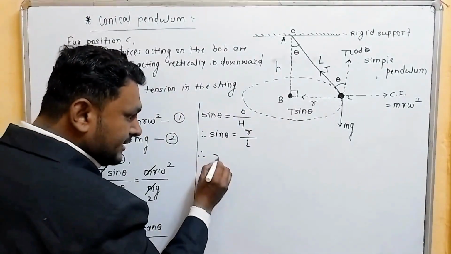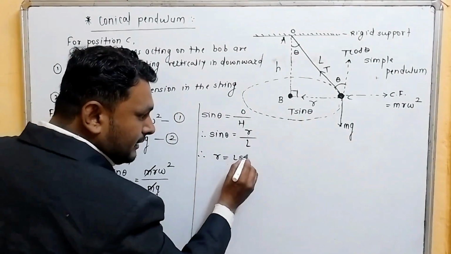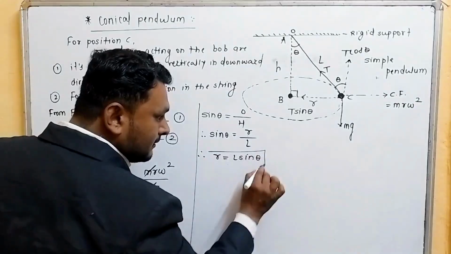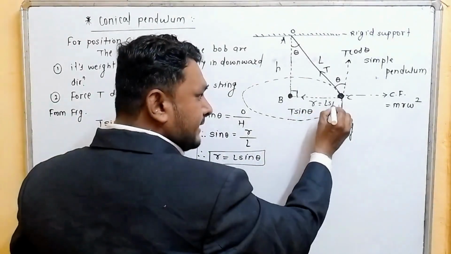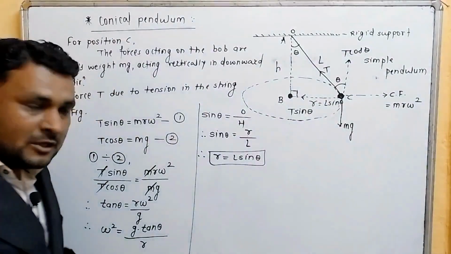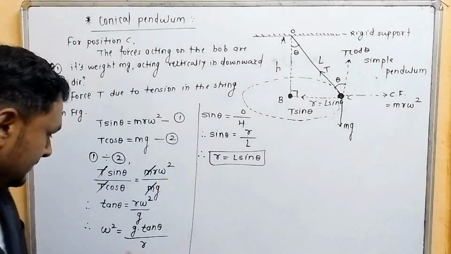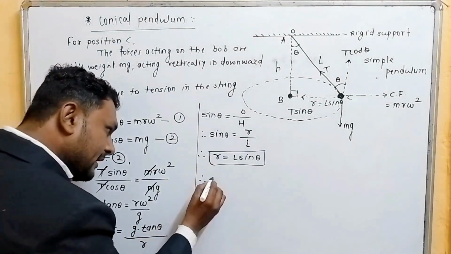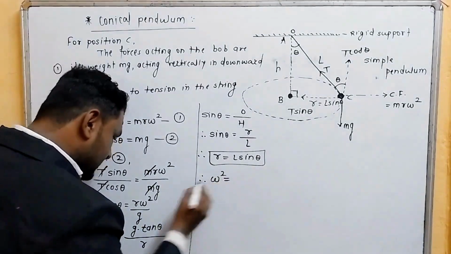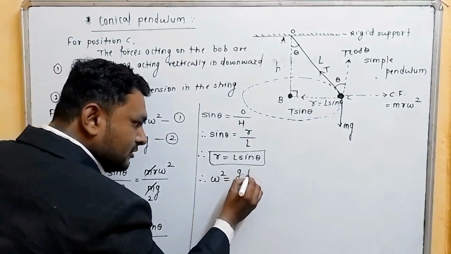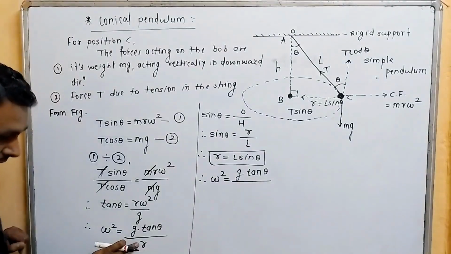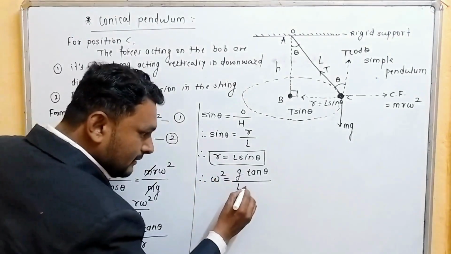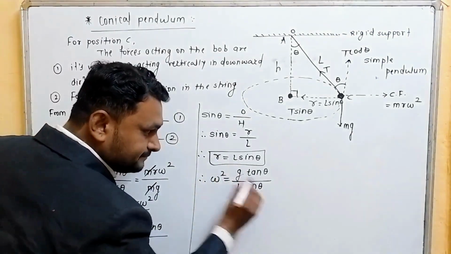And therefore, we can write r is equal to L sin theta. So just put this value of r in the given equation. So omega square is equal to g tan theta divided by, instead of r, I can write L sin theta.